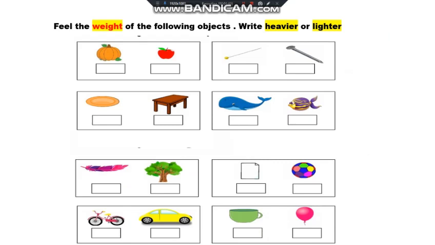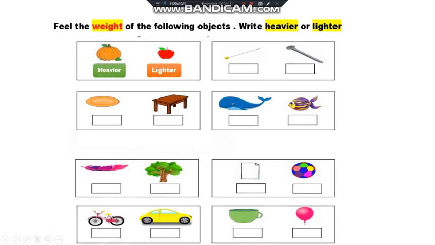See, the first picture is a picture of a pumpkin and an apple. Do you know the pumpkin is big in size and the apple is small in size? The pumpkin is heavier and the apple is lighter.